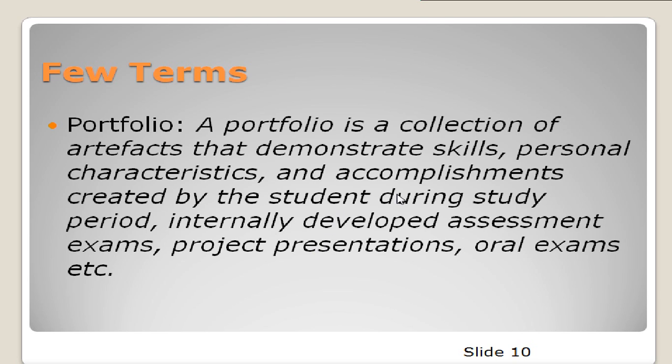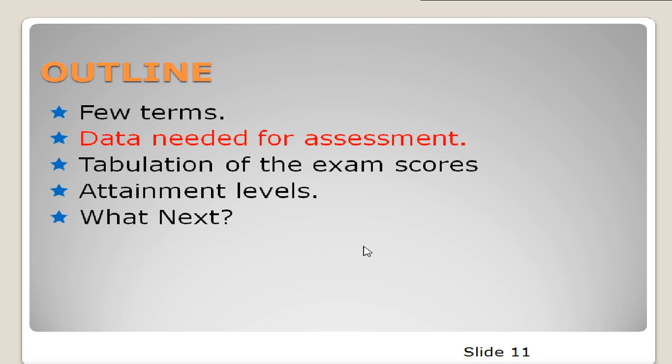For an engineering drawing course, portfolio is a compilation of all the drawing sheets he has prepared. For a workshop course, it is a set of jobs that he has fabricated. For a lab course, it is his laboratory record, and so on. With this, we'll go into the next item of the presentation.